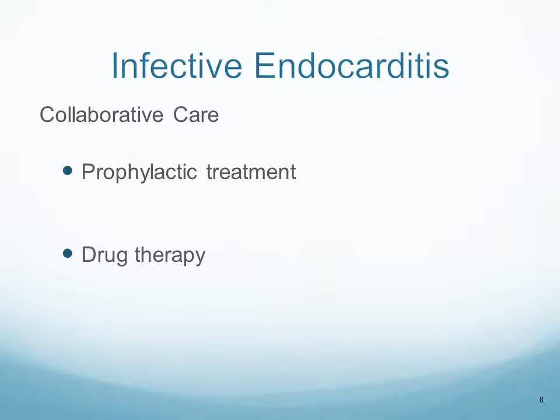They're going to be on an antibiotic for a long time because we have a lot of entrapped vegetation, and it's hard for the antibiotics to get through all the platelets and the fibrin and all the bacteria trapped in that vegetation.